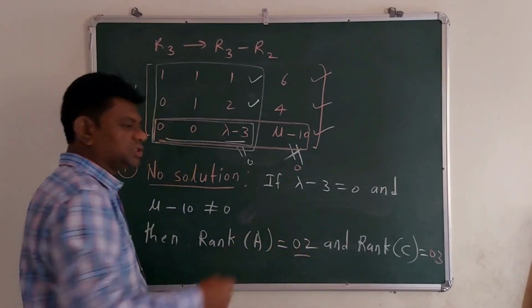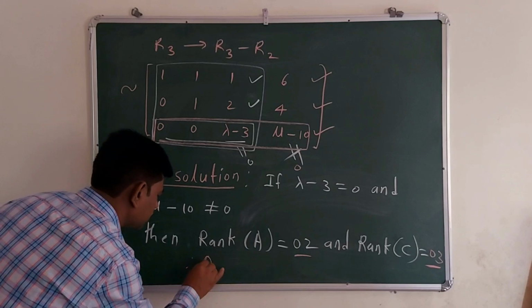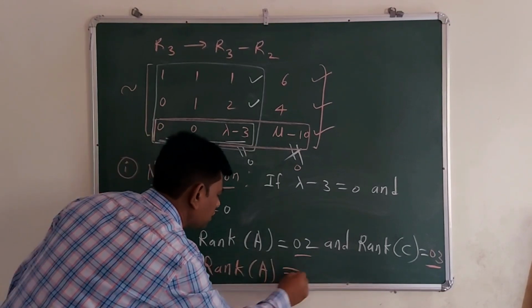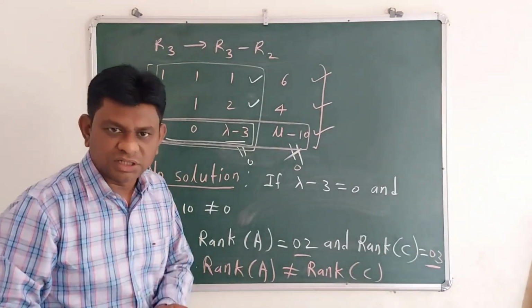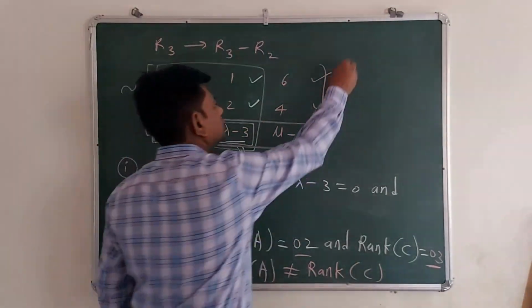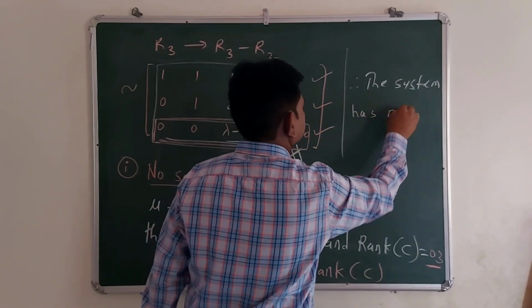Now here rank A is equal to 2 and rank C is equal to 3, so rank A is not equal to rank C, and therefore the system is inconsistent, and therefore the system has no solution.